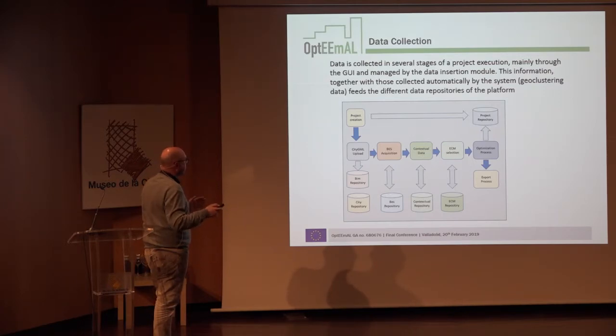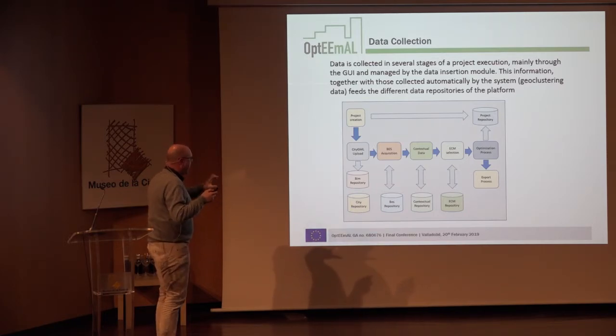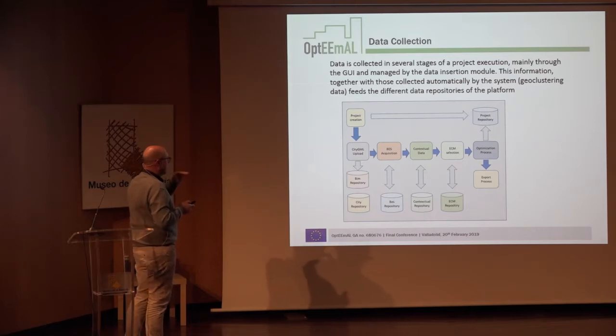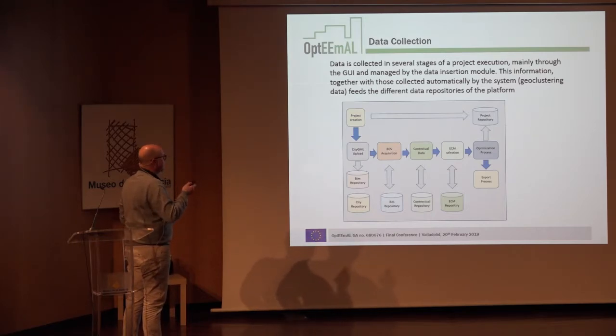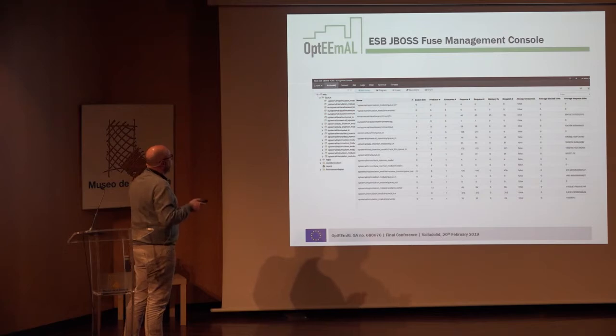Each of these repositories will be reachable by a layer, so by an interface, which will give functionality to everyone who needs this information through an API which is giving the information.